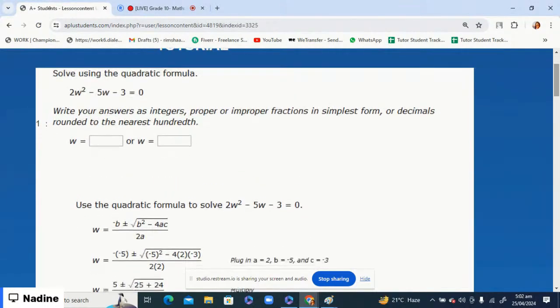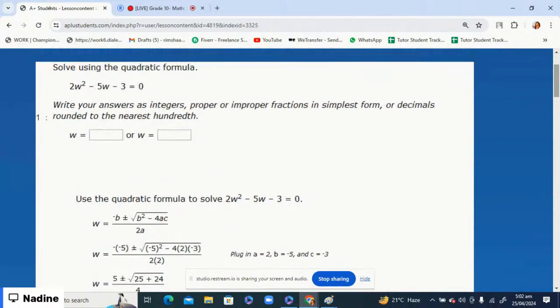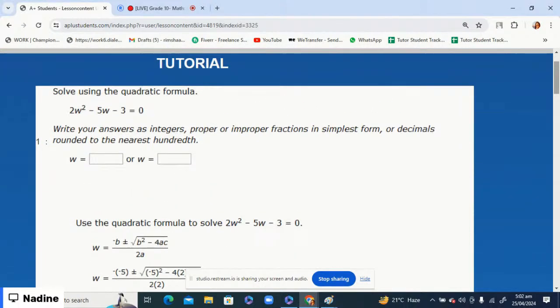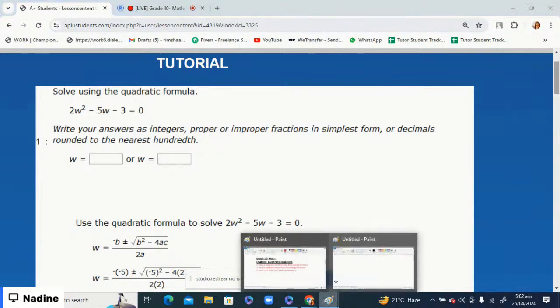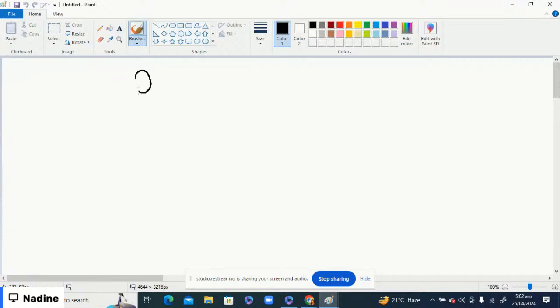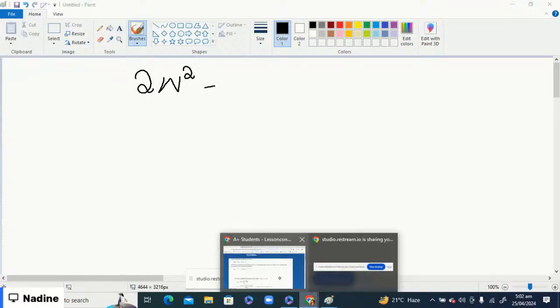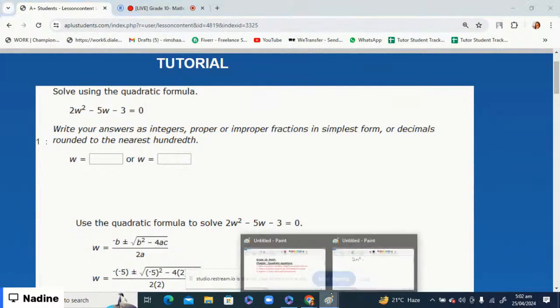This is our quadratic formula. We are solving this equation by using the quadratic formula: 2w square minus 5w minus 3. Let's write the question here.